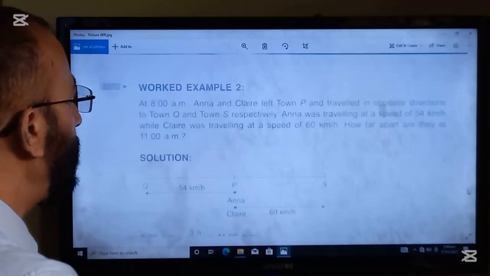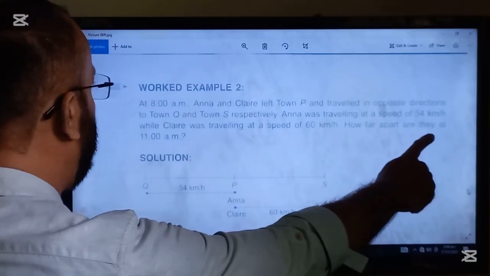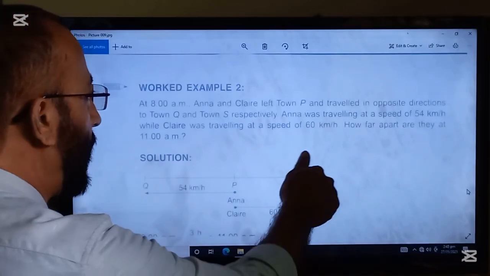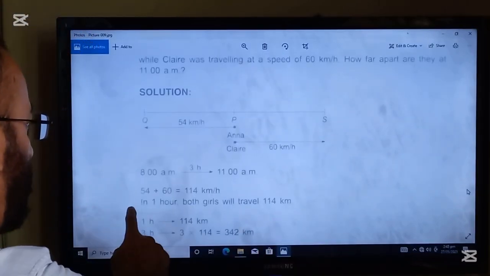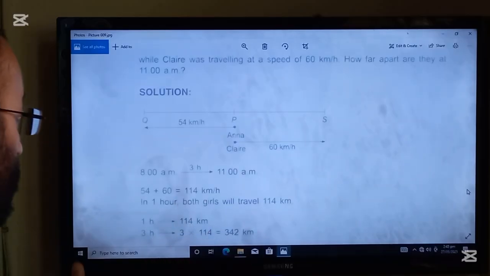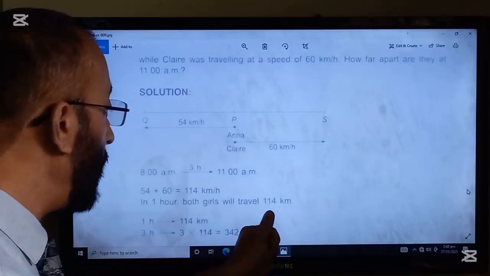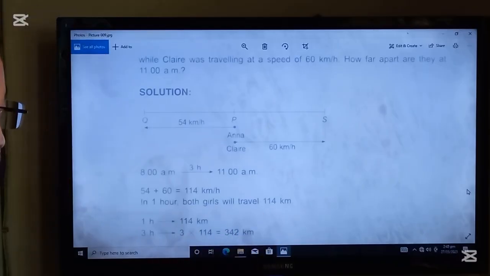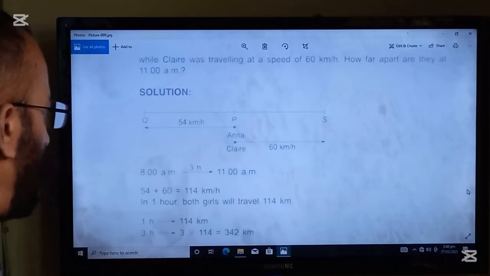Okay, one's speed is 54 km per hour and the second person's speed is 60 kilometers per hour. So 54 plus 60 is equal to 114 kilometers per hour. So in 1 hour, both girls will travel 114 kilometers.